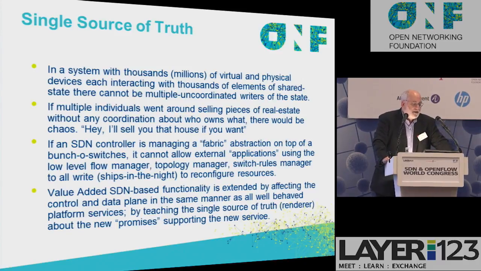An example of that would be multiple real estate agents simultaneously trying to sell the same house, right? You can't do that. You have to have one real estate agent who has management of that house in order to be able to sell it. So if an SDN controller is managing a fabric, which is an abstraction on top of a bunch of switches, it can't allow external applications also to have direct access to those resources.